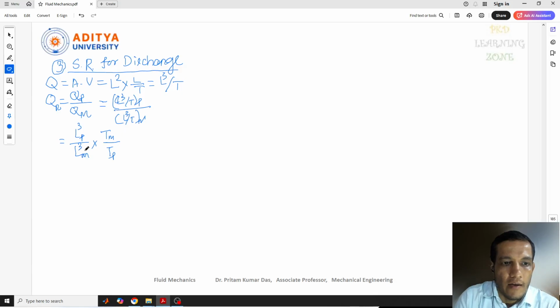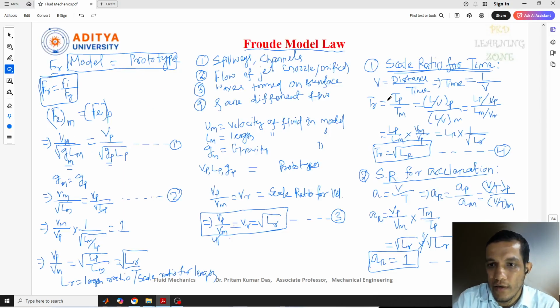Now if you see here, LP by LM is nothing but the length ratio, the scale ratio for the length. So this one we can write LR, the length ratio, into, like Q is there, again TM by TP. Let's go back to the previous one. TM by TP, we got TP by TM, that is root over of LR.